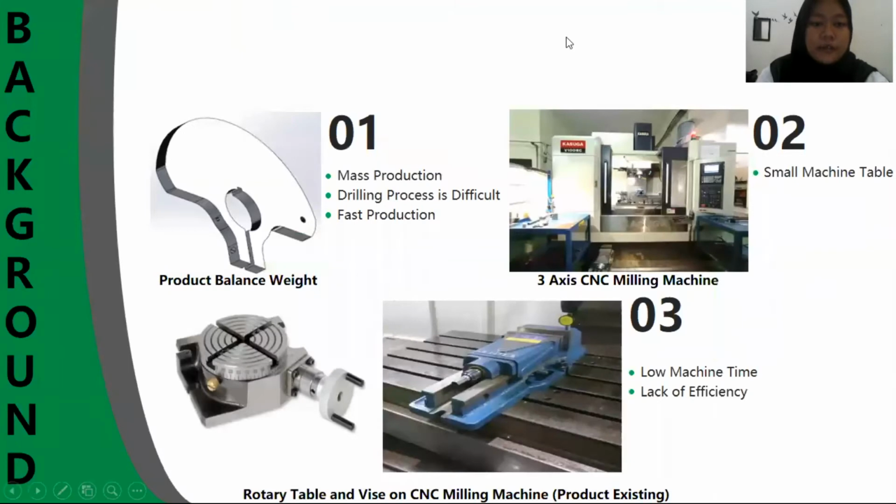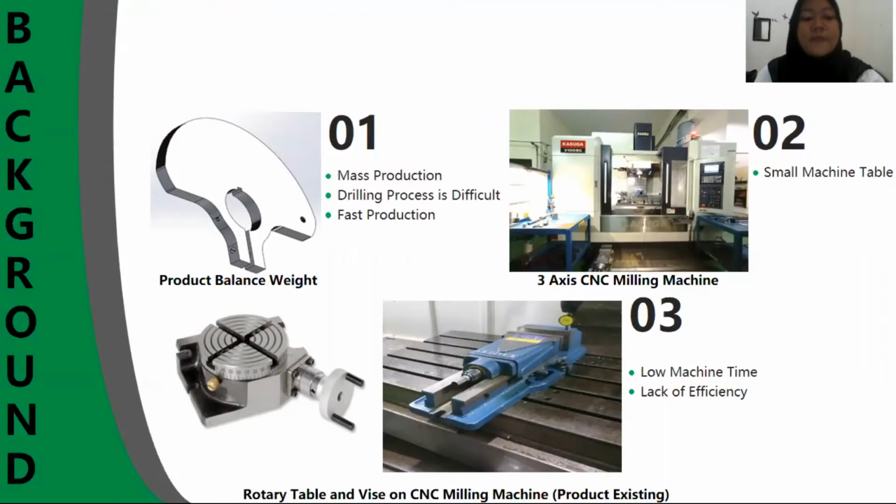CV Gaya Indah is a manufacturing company engaged in machining service, producing a variety of component products according to orders for industrial needs. Balance wheel is one of the products that will be in production and is a component of a production machine that serves to maintain balance.